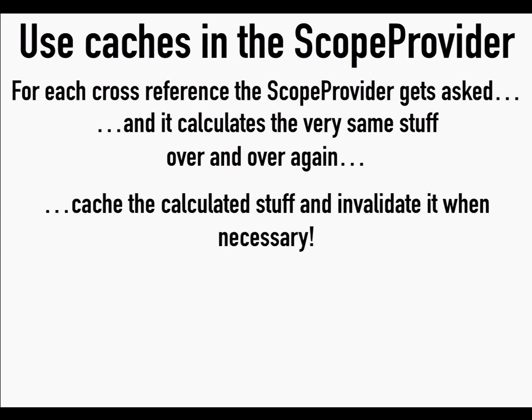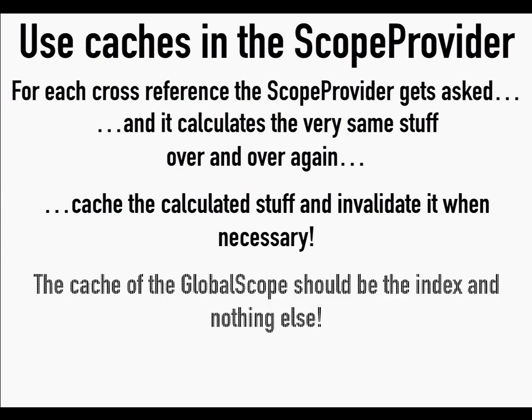So please cache that. There are simple implementations for that, and invalidate it when necessary. That means if something really changes that is inside of the scope. That made a big difference. It's always difficult to bring numbers to you, but it will make a lot of difference in terms of performance.